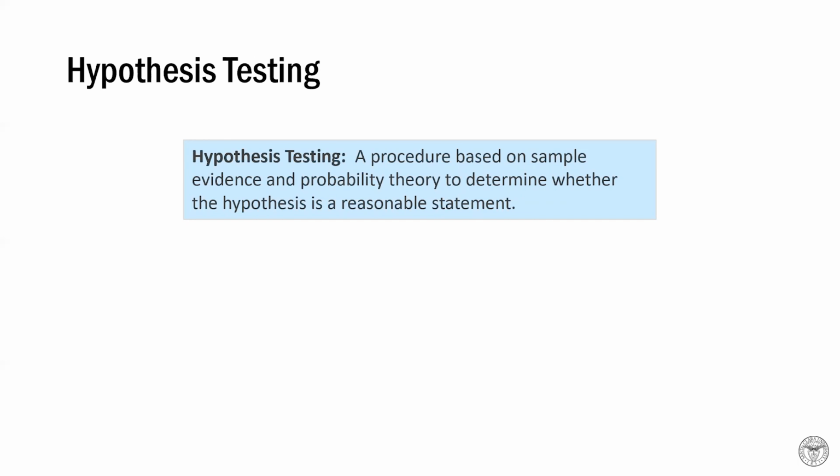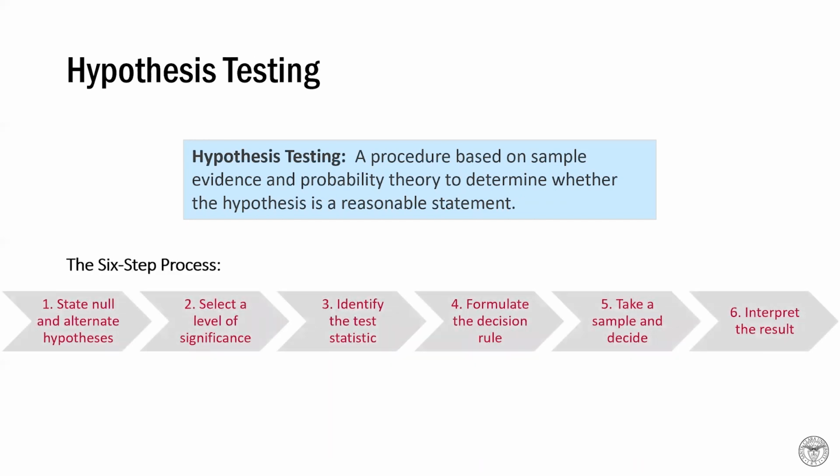There are 6 steps in the hypothesis testing procedure. In the first step, we state our research hypothesis as a null hypothesis, denoted by H sub 0, and an alternate hypothesis, denoted by H sub 1. The second step is to determine the level of significance for the testing.